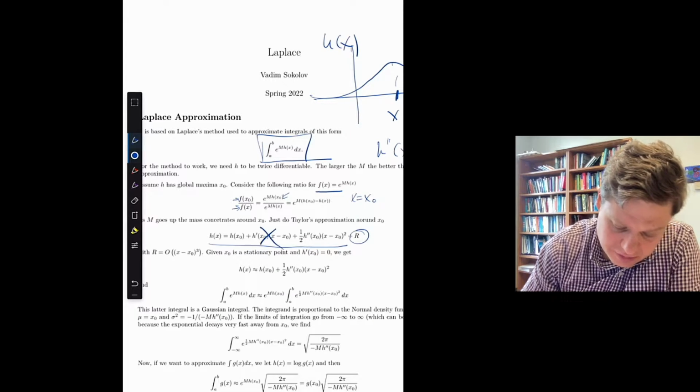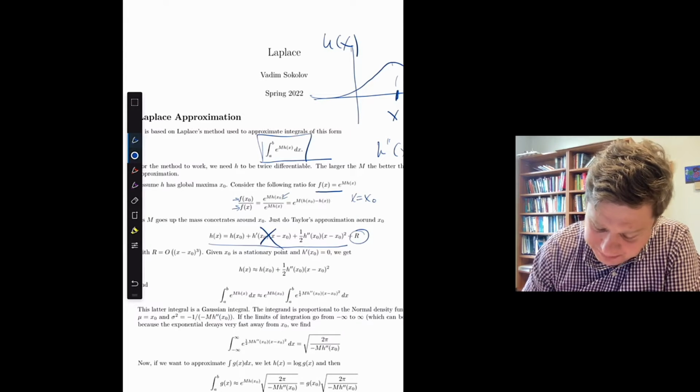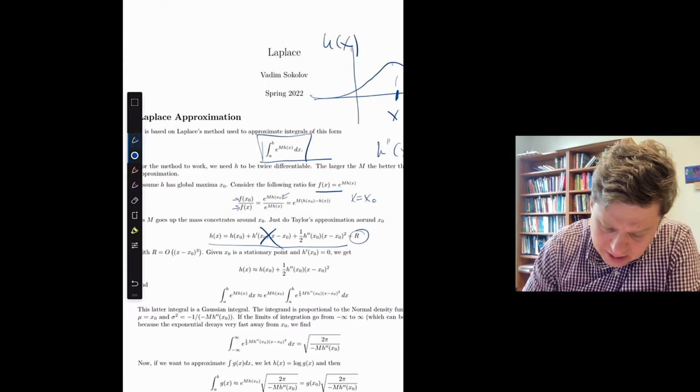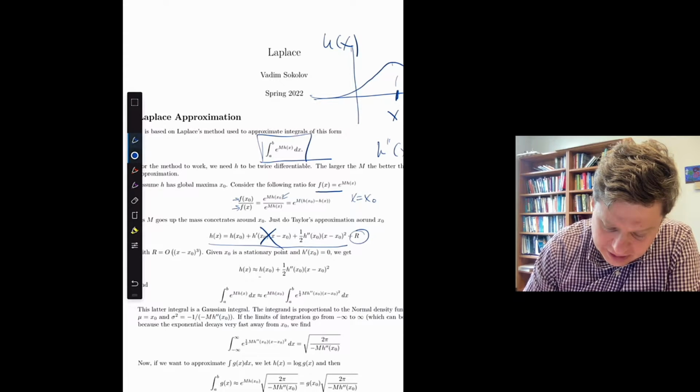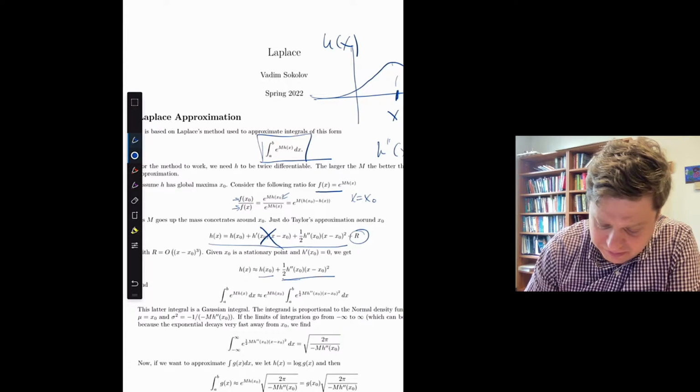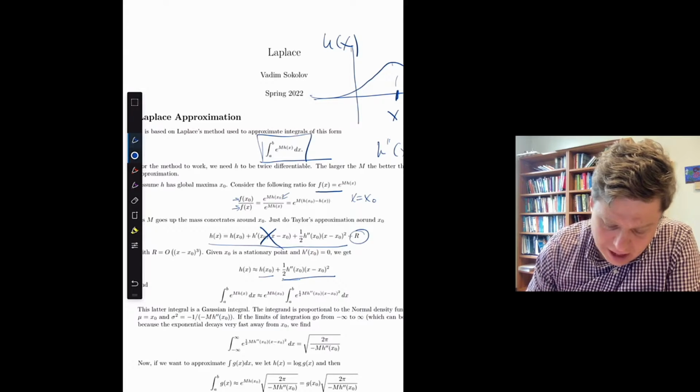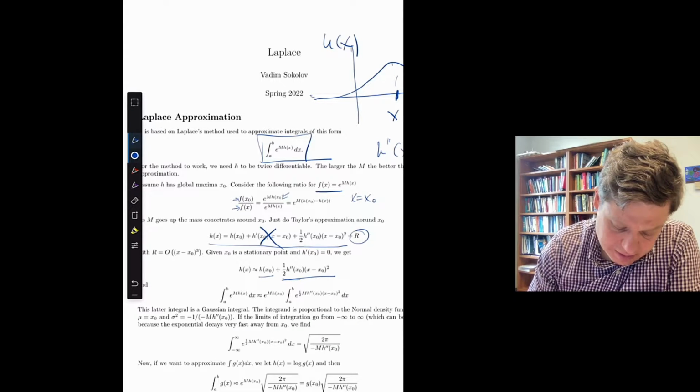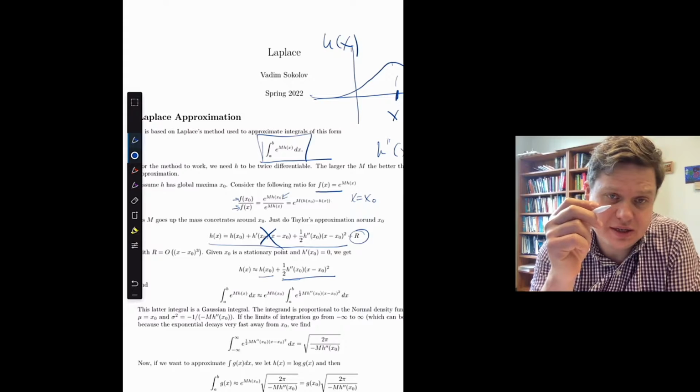So we can remove this part of the Taylor series. And at the end, we have this h of x0 and the second derivative at x0 times x minus x0 squared.